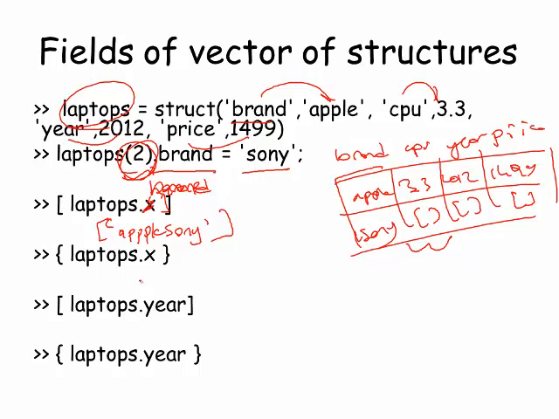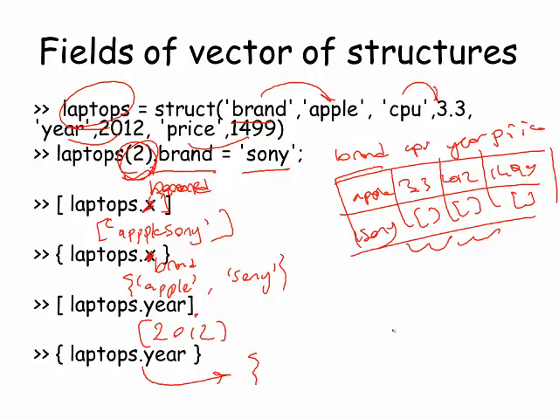Okay. If I use curly brackets to collect the brands, then I would be getting a cell array where the first element is Apple and the second element is Sony. Okay. Square brackets around laptops.year will collect the years, which will be a single number, 2012. Curly brackets around laptops.year will give two elements.